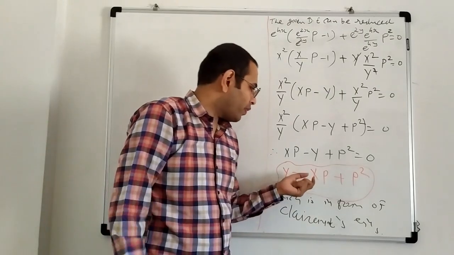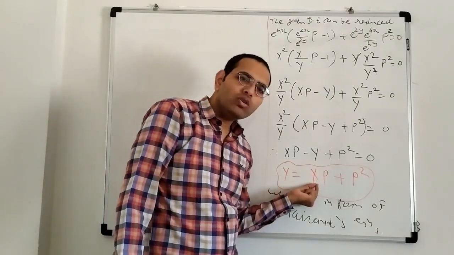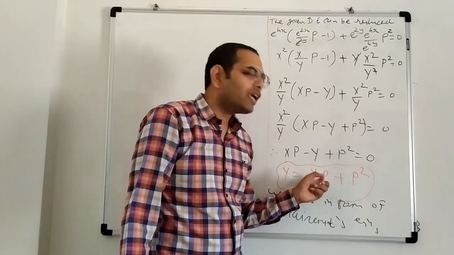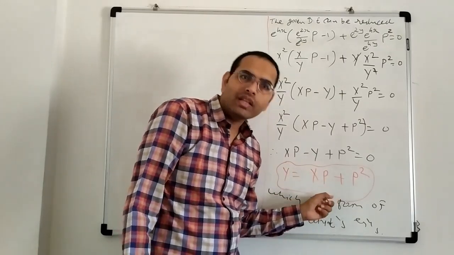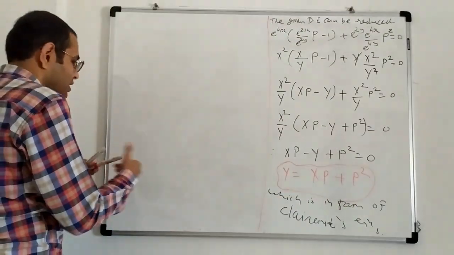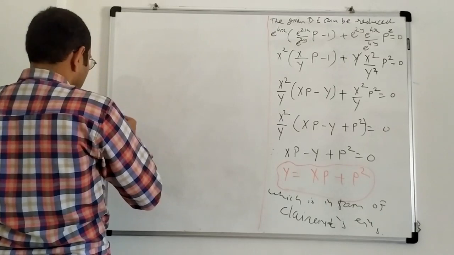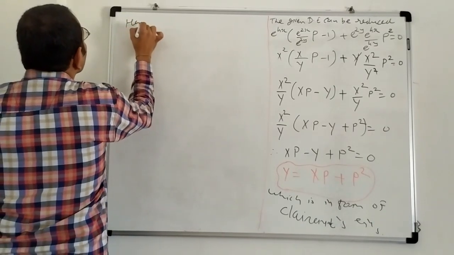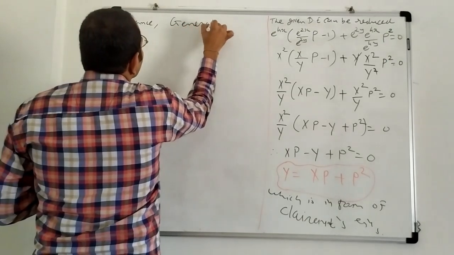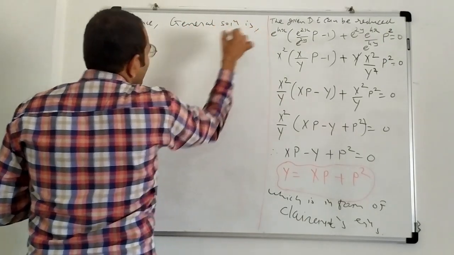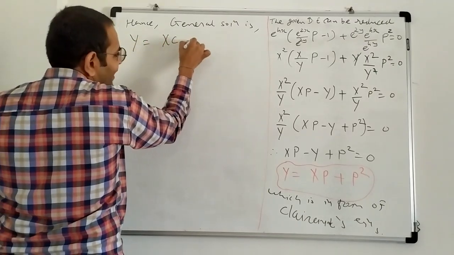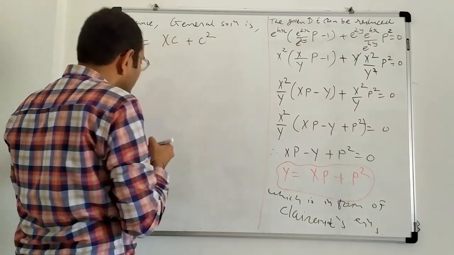Now the solution of the Clairaut equation is obtained by replacing P by C. Hence the general solution is capital Y equals XC plus C².